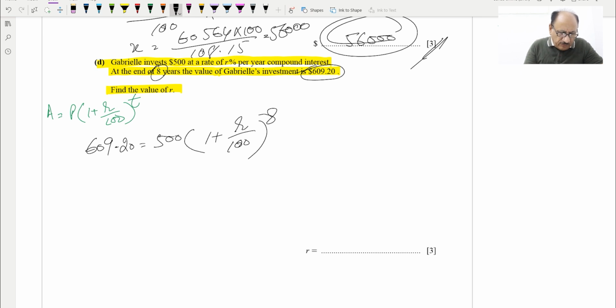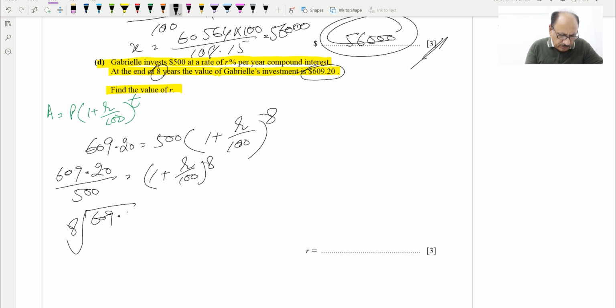Now we need to find the value of R, so we can write 609.20 divided by 500 is equal to 1 plus R over 100 raised to the power 8. Now to get rid of this 8, we can take the 8th root on both sides. So the 8th root of 609.20 over 500 is equal to 1 plus R over 100.